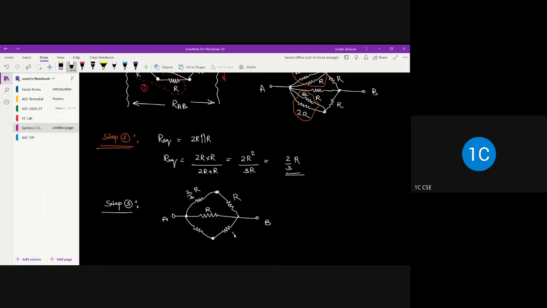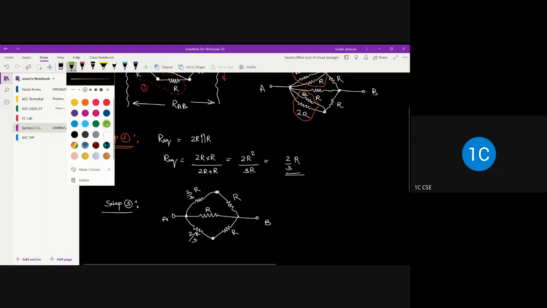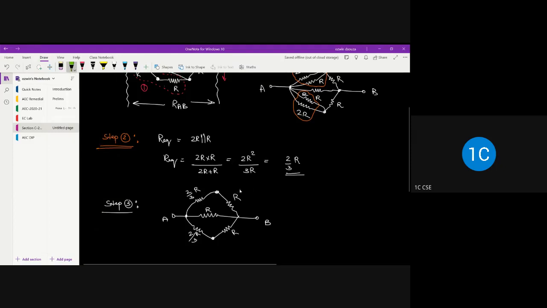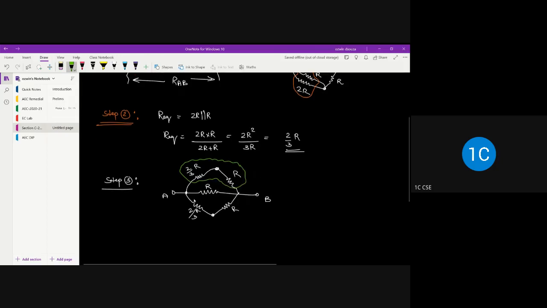This is R, this is 2 by 3 R. Now you can see that these two resistors are connected in series. Similarly, in the bottom half, these two resistors are connected in series.